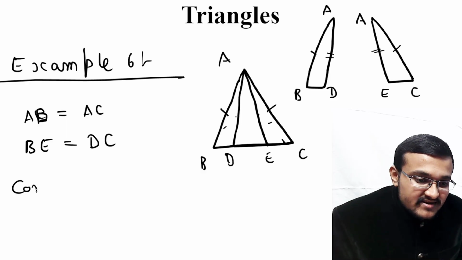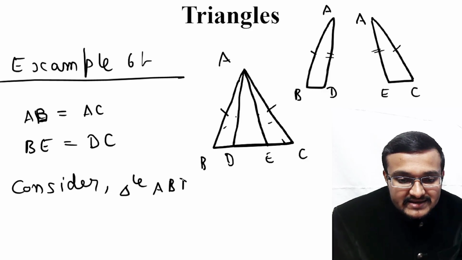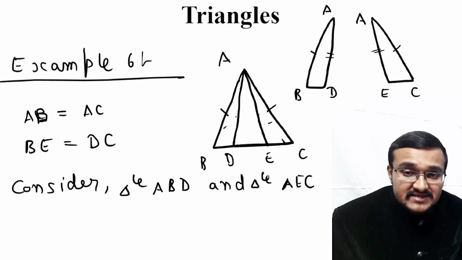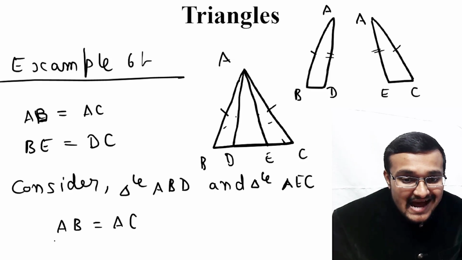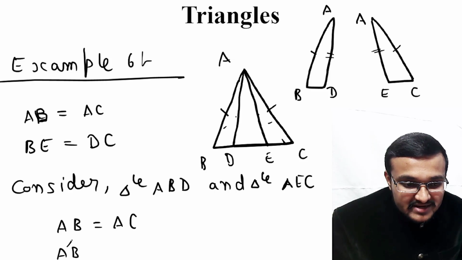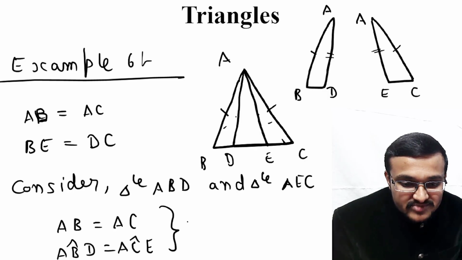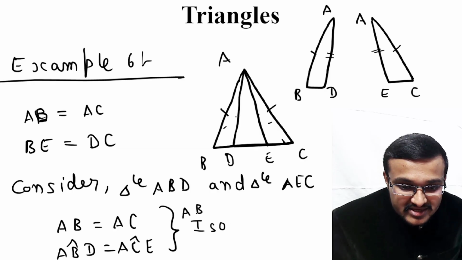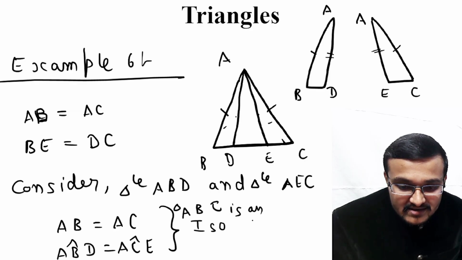So consider triangle ABD and triangle AEC. In both of these triangles, AB is equal to AC and angle ABD will be equal to angle ACE, because triangle ABC is an isosceles triangle.